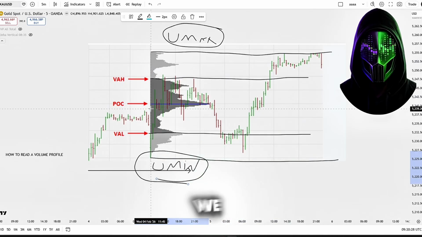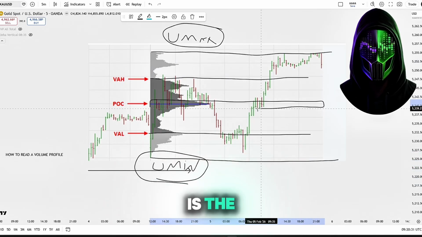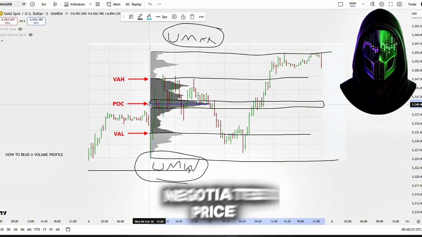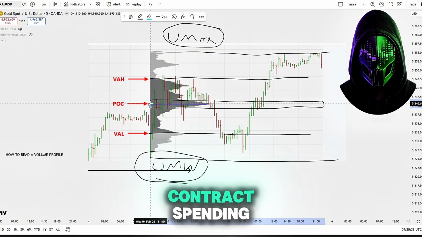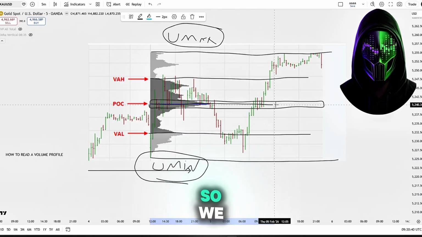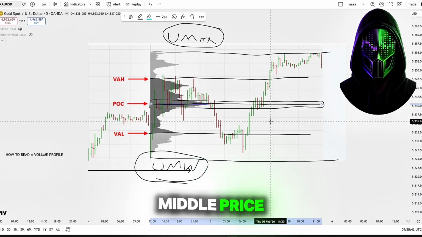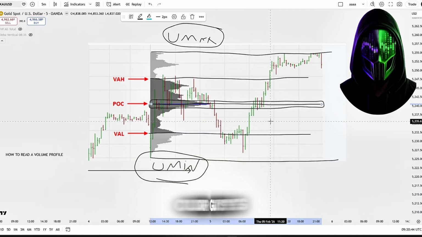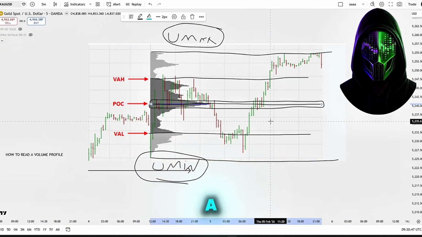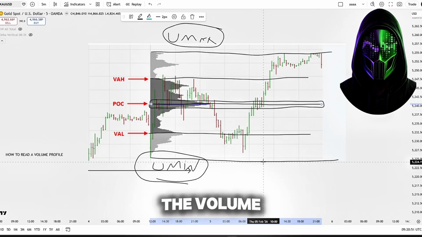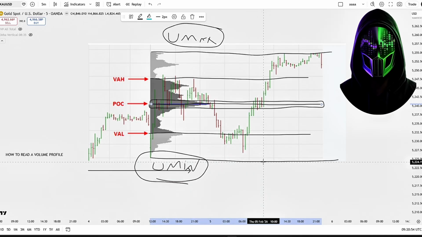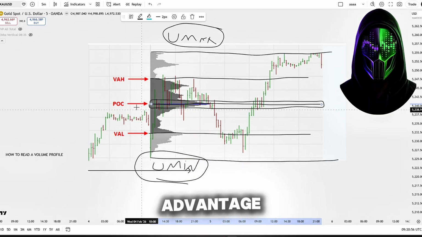And here we have the point of control, which is the most negotiated price of this whole session. We have the most contracts at this price right here. So we can say it is the middle price of our guys, right? So this is the way we see the volume, and how we can take advantage from this.